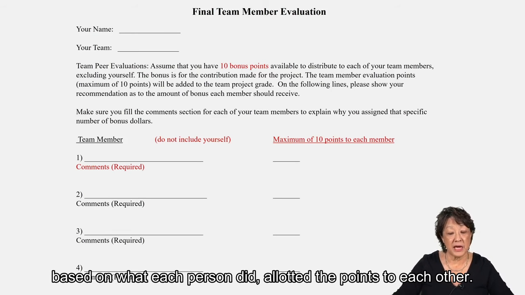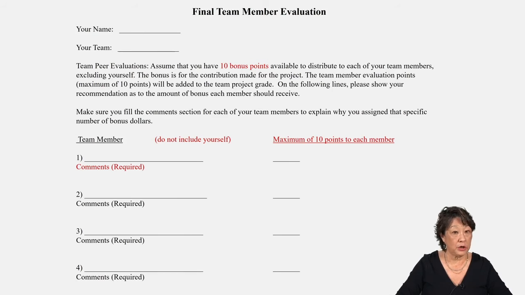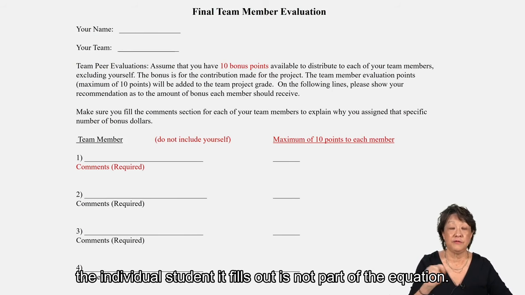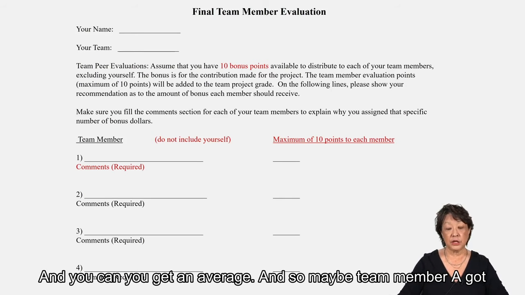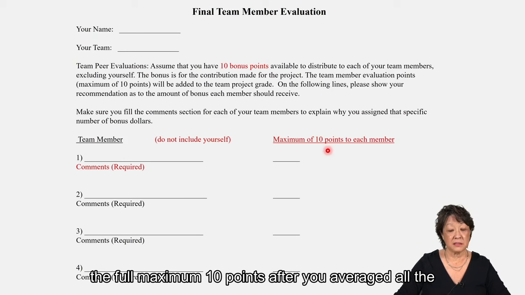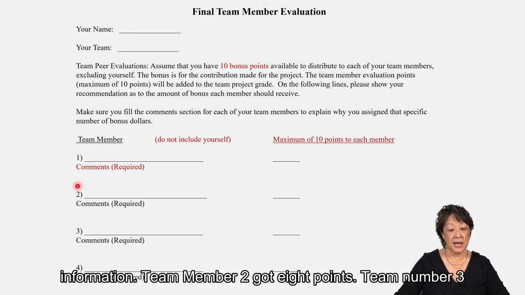Well, it is based on what each person did, allotted the points to each other. The individual student who fills it out is not part of the equation. And you're going to get an average. And so maybe team member 1 got the full maximum 10 points after you averaged all the information. Team member 2 got 8 points.